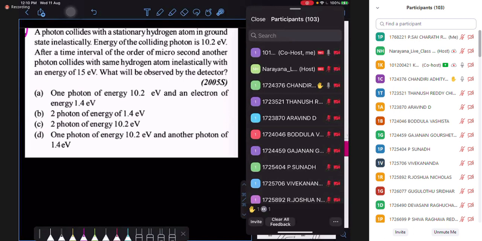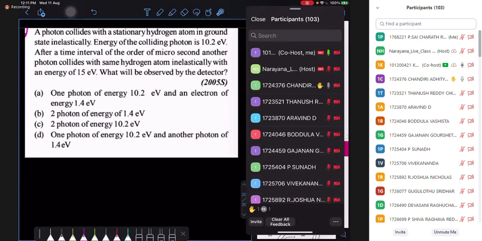Syllabus, sir. Alpha particle collision is not part of the syllabus. Here you are asking, Bohr's model is part of the syllabus. And alpha particle collision, you mean radioactivity.